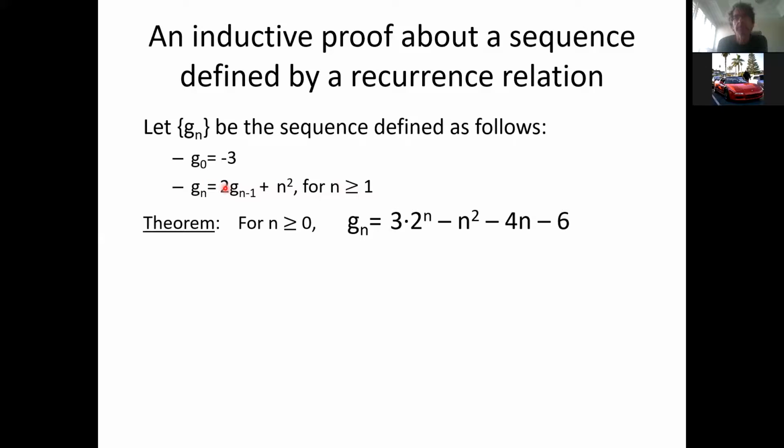It does define some sequence. We can write out a bunch of elements of this sequence. And here's a claim that this little code, in fact, defines this sequence: the closed form expression for Gn, for any n, is this expression.